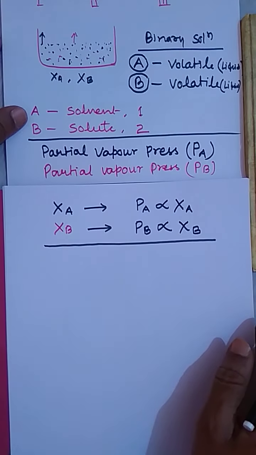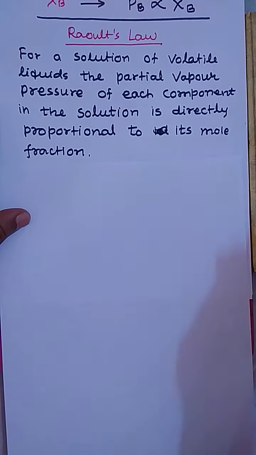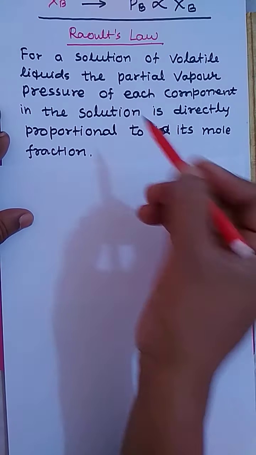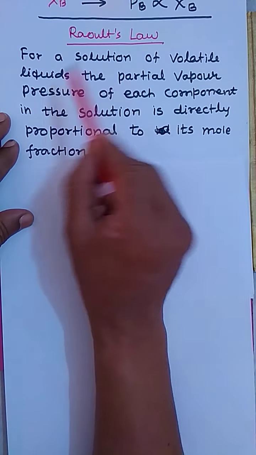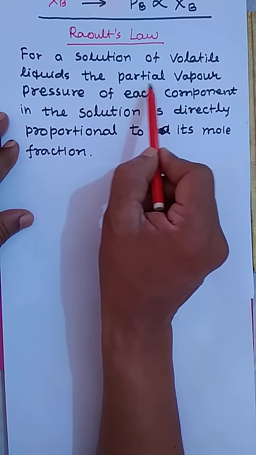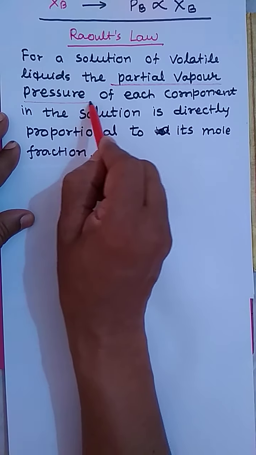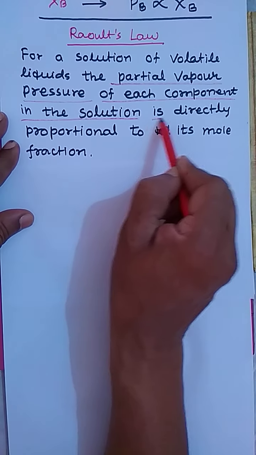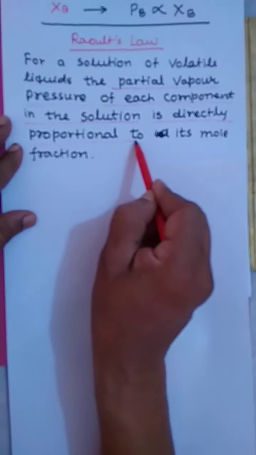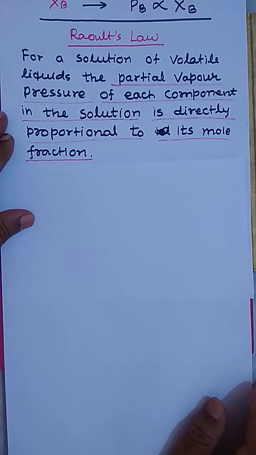Regarding this, there is a law that is called Raoult's law. So we will see Raoult's law. Well friends, according to Raoult's law, for a solution of volatile liquids, the partial vapor pressure of each component in the solution is directly proportional to its mole fraction, as I have told you.